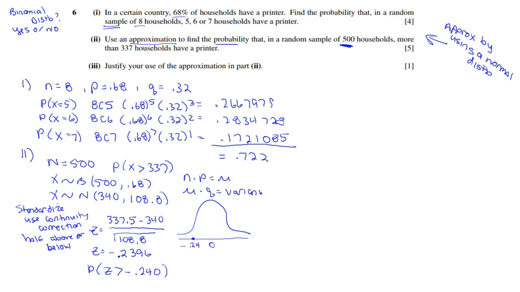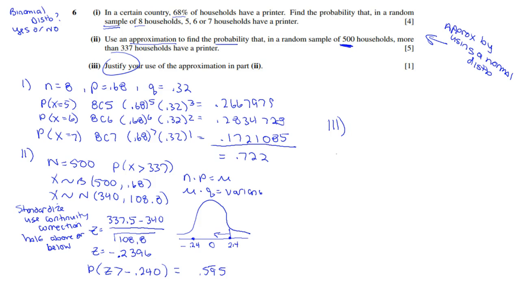Well, we can't using the tables, but what we can do is find a symmetrical brother, 2.4, and find everything less than that. The probability will be the same, and that probability is on the table. So I'm looking for 2.4, and it's going to be less than that, and so I find it's going to be about 0.595.